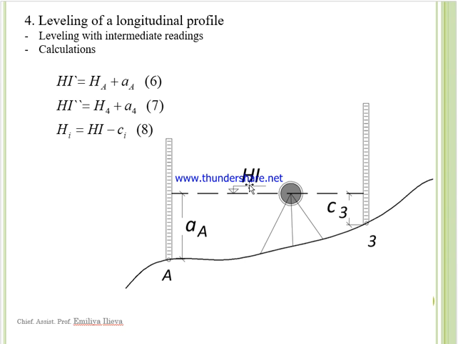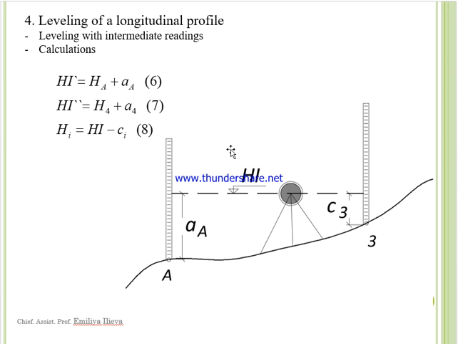Using this equation, the height of each point is going to be the height of the instrument minus the intermediate reading. It is very important here that every time we have moved the instrument, we have a different height of the instrument.